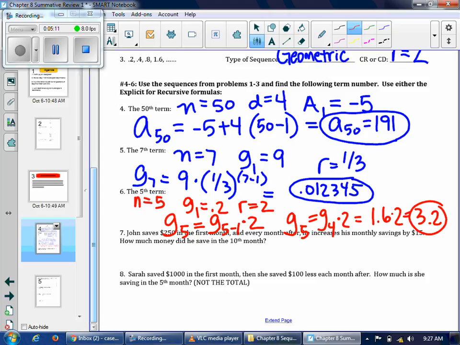Okay, the seventh term for number 5 is 0.01235. And for number 6, the fifth term is 3.2.